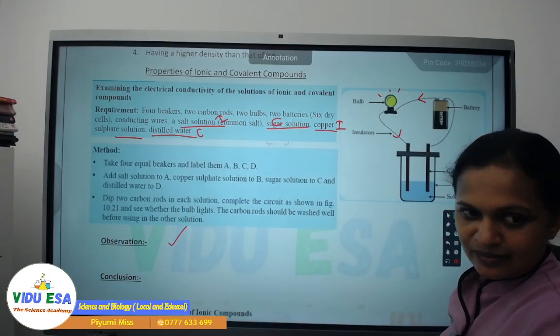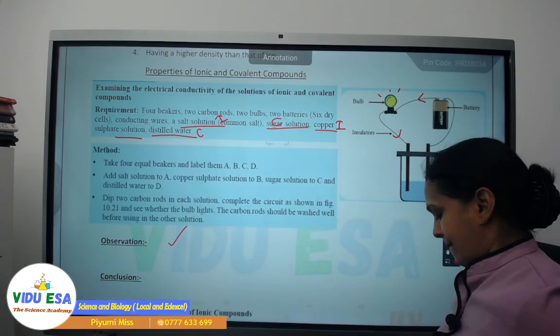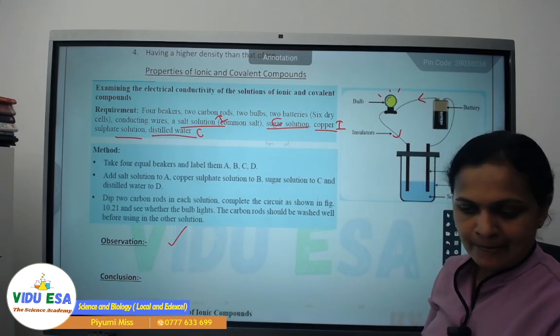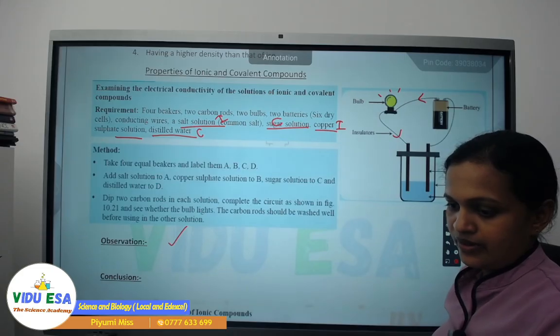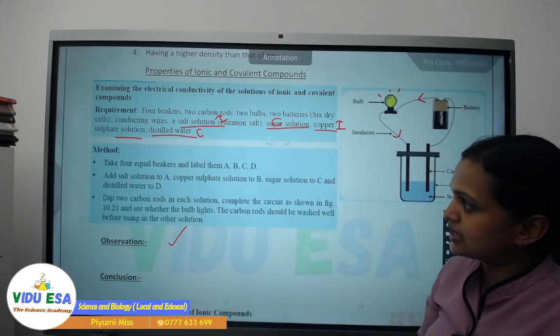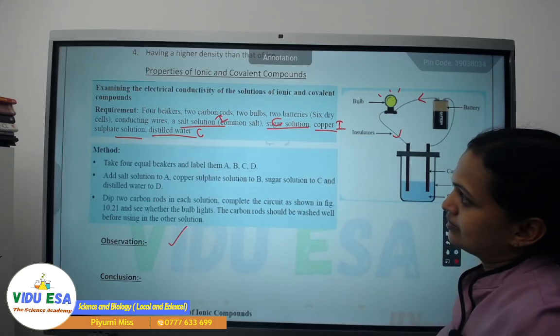The bulb glows when the salt solution and copper sulfate solution are used.